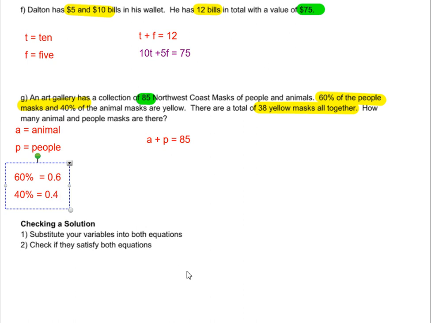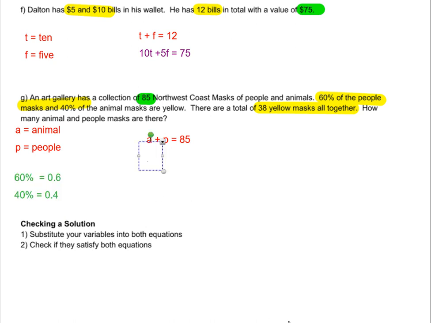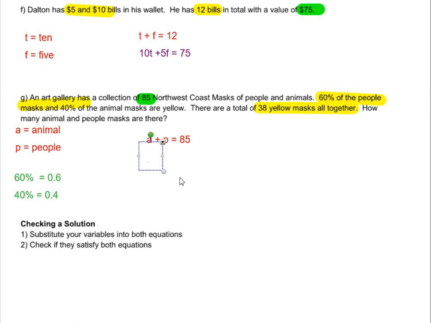All we did was divide 40 and 60 by 100 to turn them into decimals, because we can't put percentages in for our equations. Now I can write an equation. So 60% of people masks, 0.6 times P, plus 40% of animal masks, 0.4 times A, is going to equal 38 yellow masks altogether.